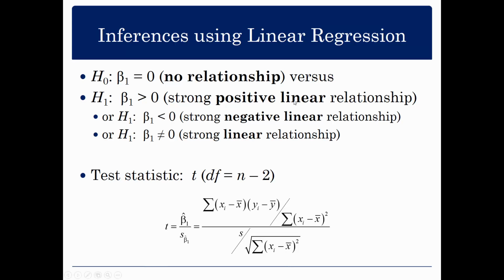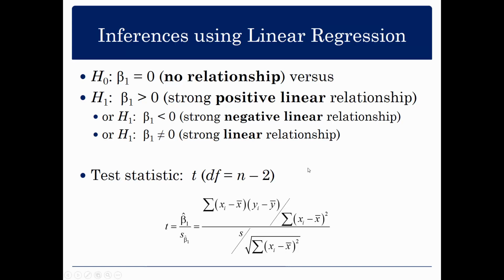I'm not saying the word linear, but the word linear is here because that's an assumption of using this, that a linear relationship can describe the relationship between x and y. And so depending on your research question, you might be looking at any one of these alternative hypotheses. And just like before with the t-test, that's really either a one-sided test or a two-sided test.